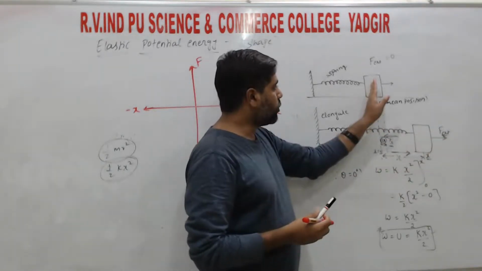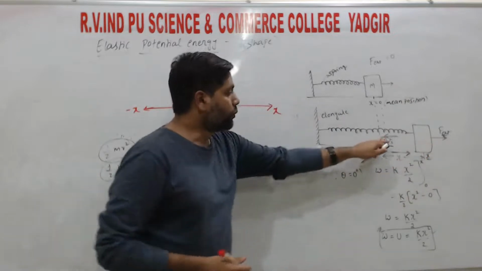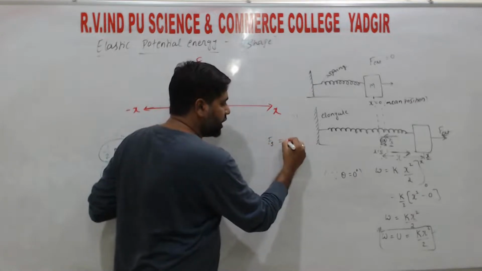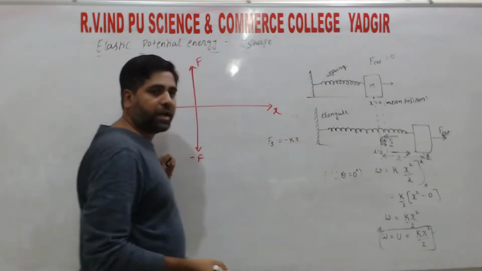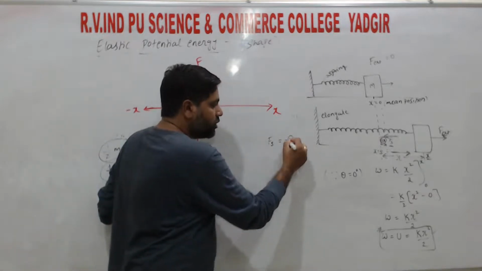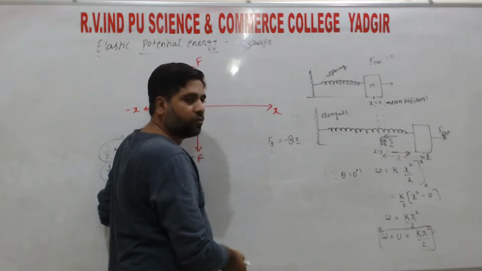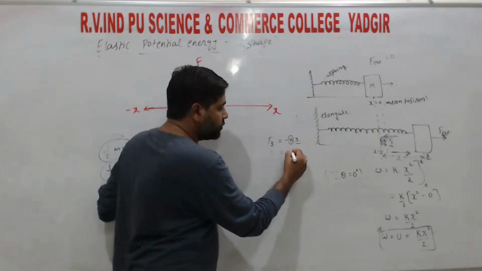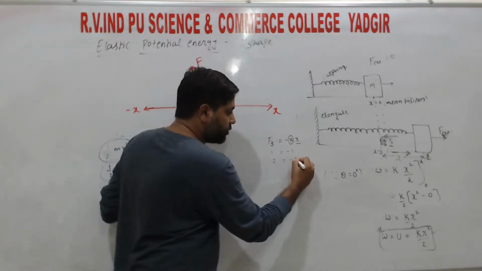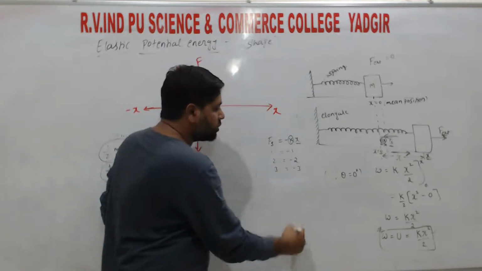We are applying a force on the object and it is displaced, right? For the spring force, the relation we calculated is Fs is equal to minus kx, right? Here k is a constant. If we give a value for force, for example force value is 1, then x value is minus 1. If force is 2, x value becomes minus 2. If force is 3, x value is minus 3, and so on.